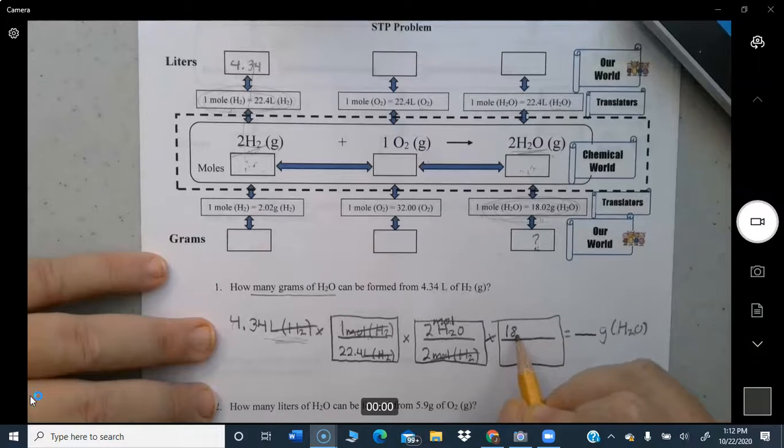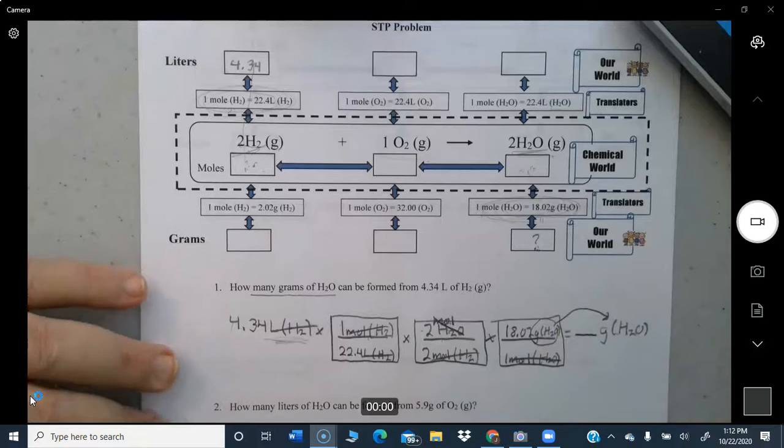So we're going to go ahead and do that. 18.02 grams on the top, and 1 mole of H2O on the bottom. So moles of H2O and moles of H2O cancel. And the last thing that you have for the final unit is grams of H2O.